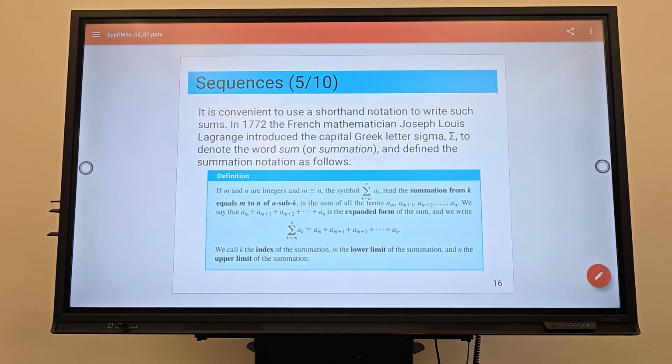We say that this is the expanded form of the sum. We call k the index of the summation, m the lower limit of the summation, and n the upper limit of the summation.